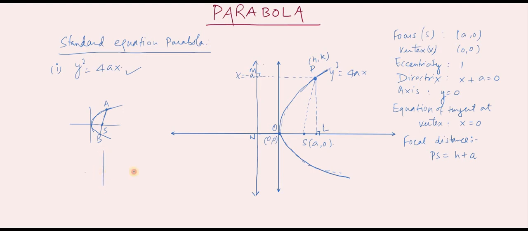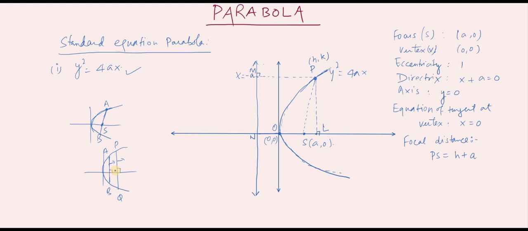Another thing, if I draw a chord which is perpendicular to the axis of the parabola, like this one, AB, PQ, and so on, these chords which are perpendicular to the axis of the parabola are called double ordinates. All these perpendicular chords are called double ordinates of the parabola.